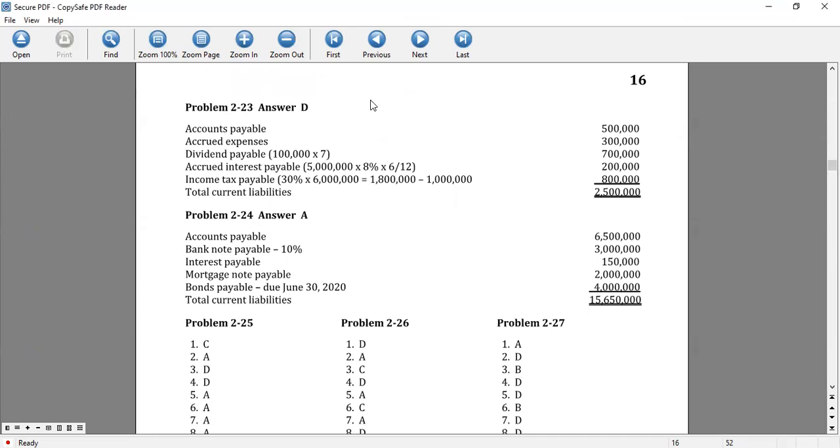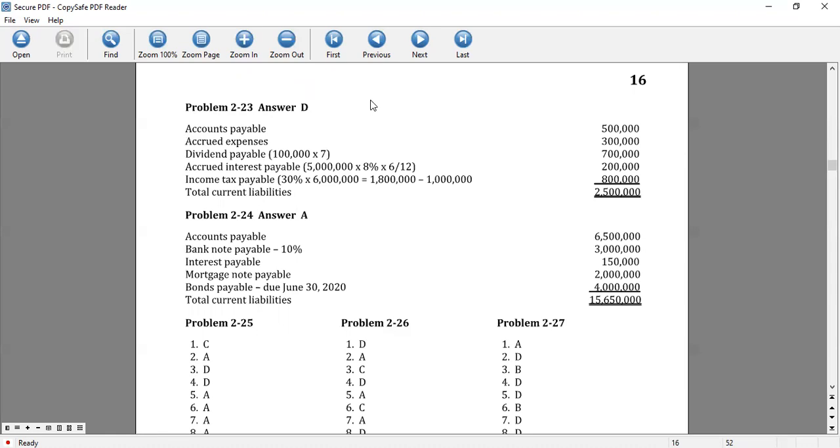Number 24 is A. So you now have the letter answers to 25, 26, and 27.